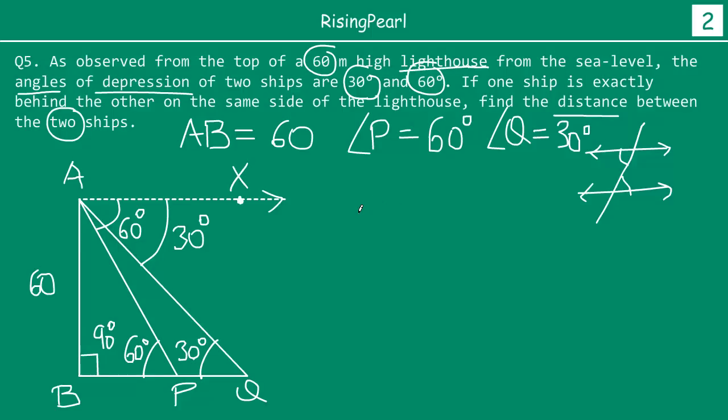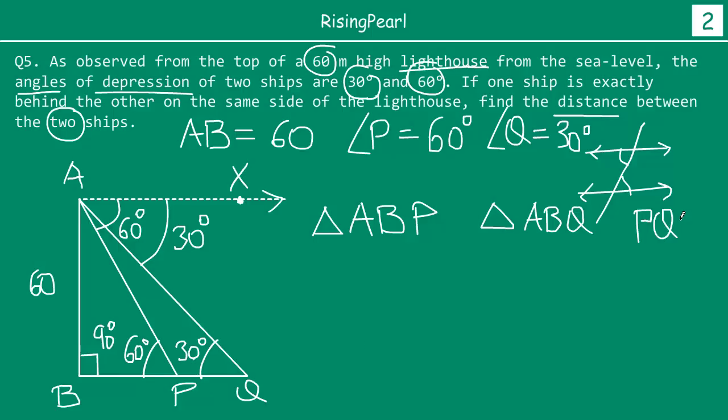So at this point, friends, what you can see is that we have two right triangles. So we have right triangle ABP, and we have a right triangle ABQ, right? And we know the length AB, so we need to find out PQ.